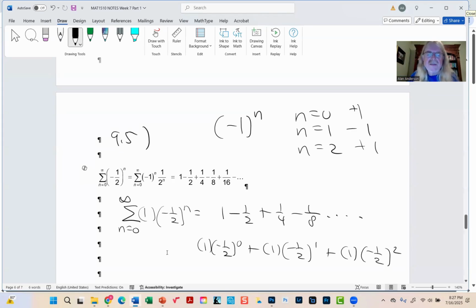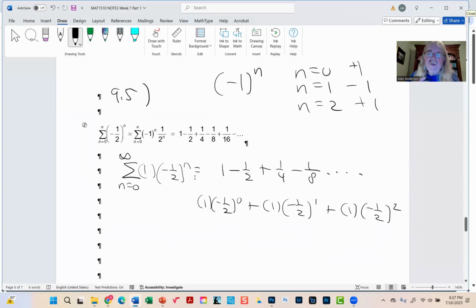So yes, that's correct. It's a geometric series where r is negative one half and a is one.